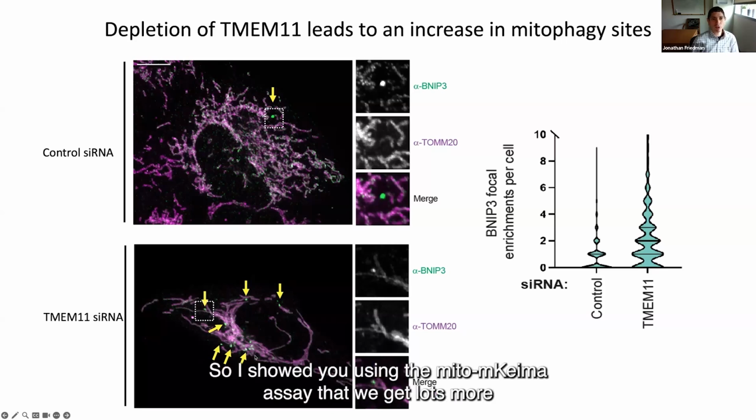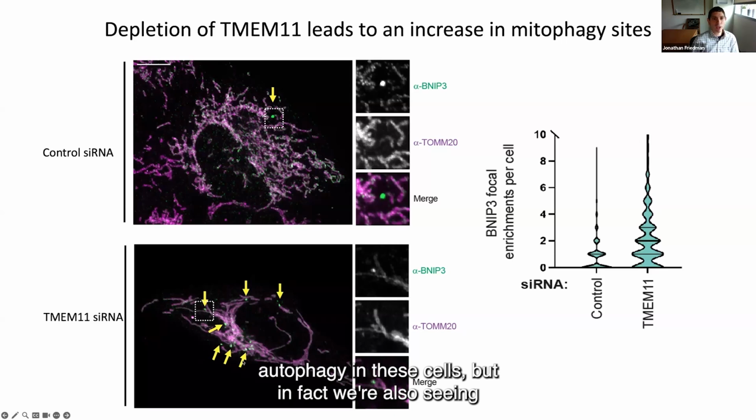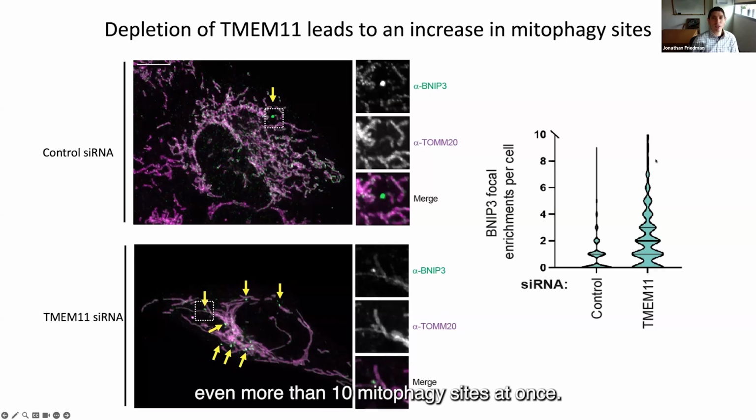So I showed you using the mito-QC assay that we get lots more mitophagy in these cells, but in fact, we're also seeing simultaneous stimulation of many active mitophagy sites within the mitochondrial network. So instead of seeing this in maybe one place in a cell at any given time, now we're seeing cells with 5, 6, even more than 10 mitophagy sites at once.